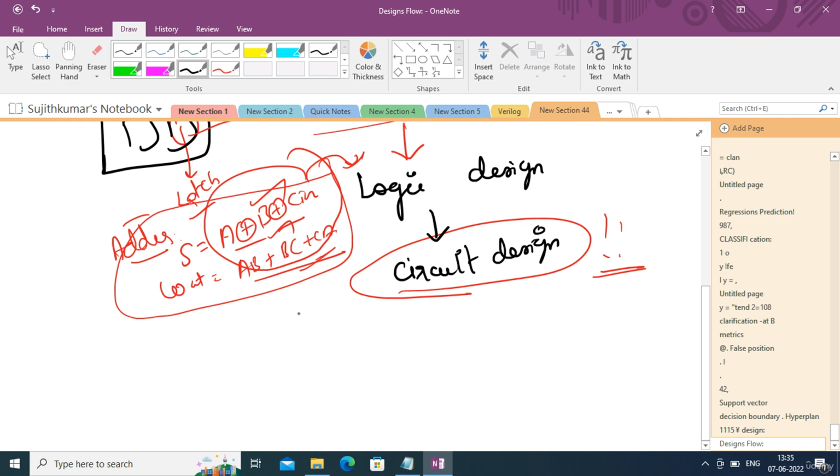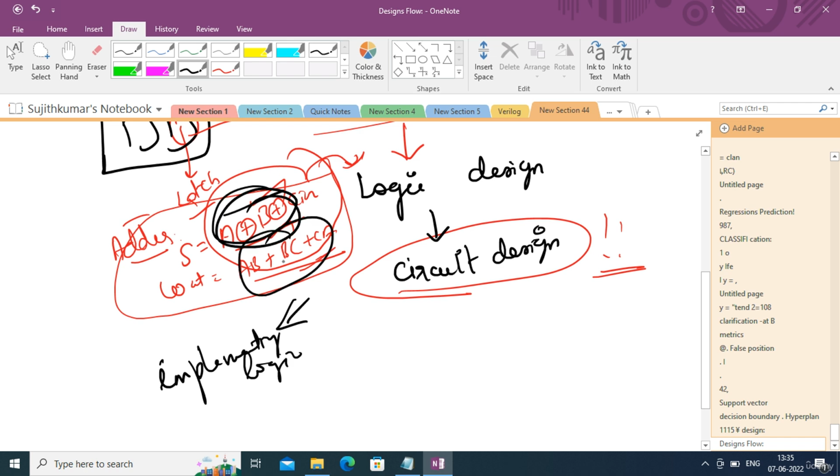That is what circuit design means, that is, implementing logic using transistors. Here it is an XOR logic, here it is an AND plus OR logic. Whatever logic it may be, we have to implement it using transistors, and that comes under circuit design, right? And that is what we are going to concentrate on.